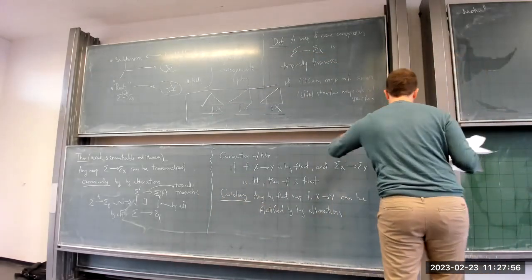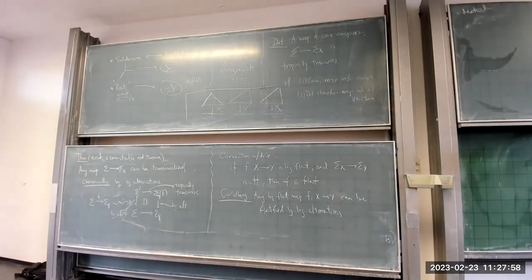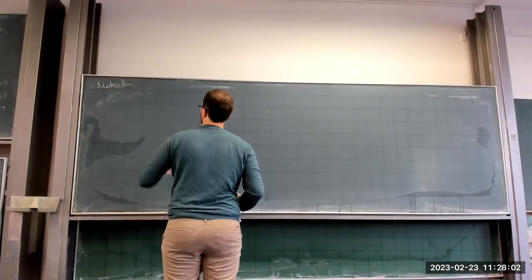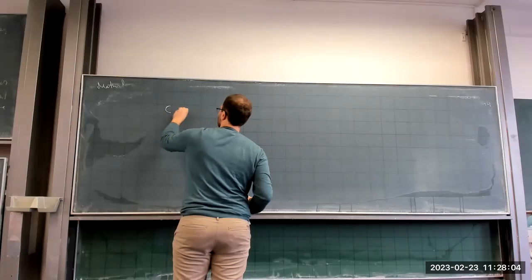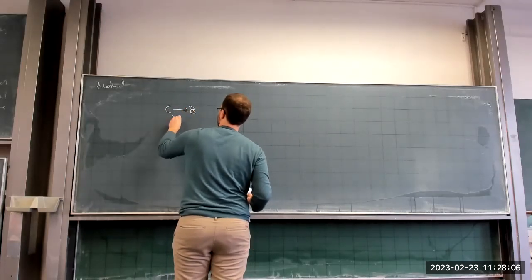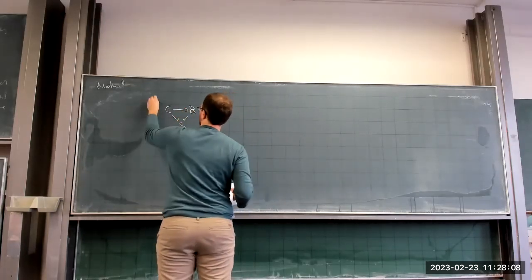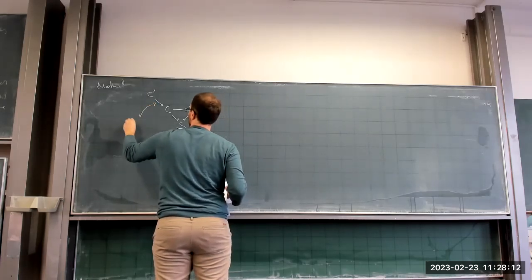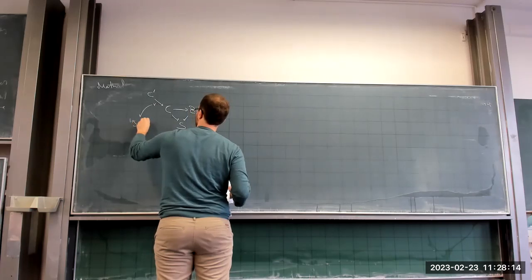So how am I using all this? I'm using it in one way only, and that's we're starting with this family C D over S. And now I have a modification here. So R is a log alteration, let's say. Doesn't matter.